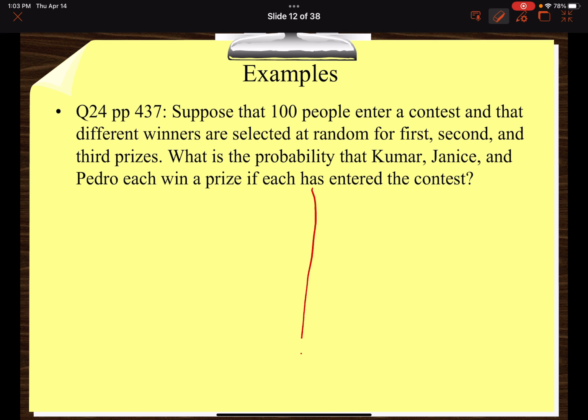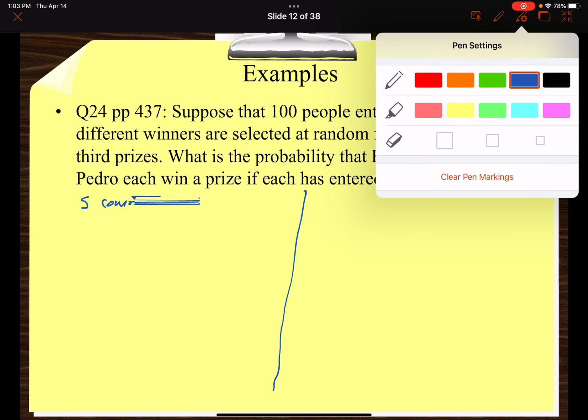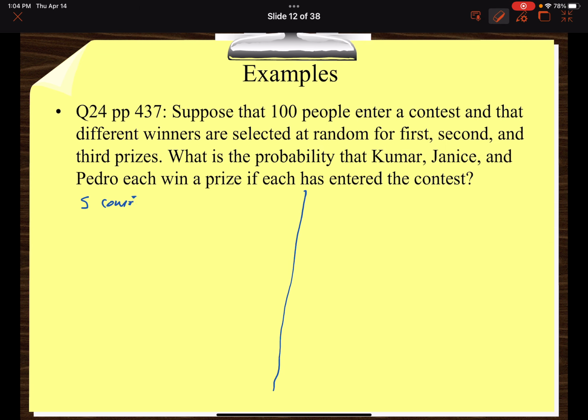So basically S consists of all ordered triplets, صح؟ أو all ordered triplets of names, right?